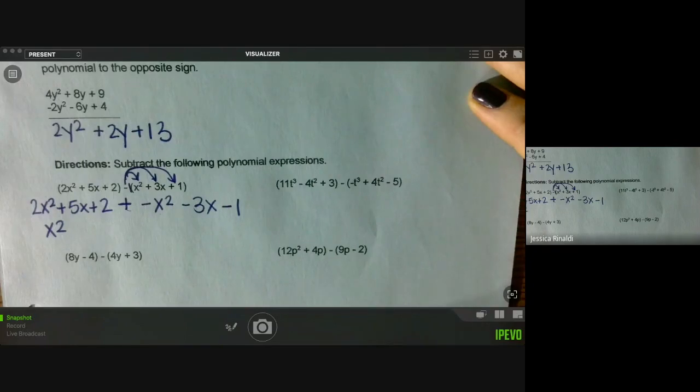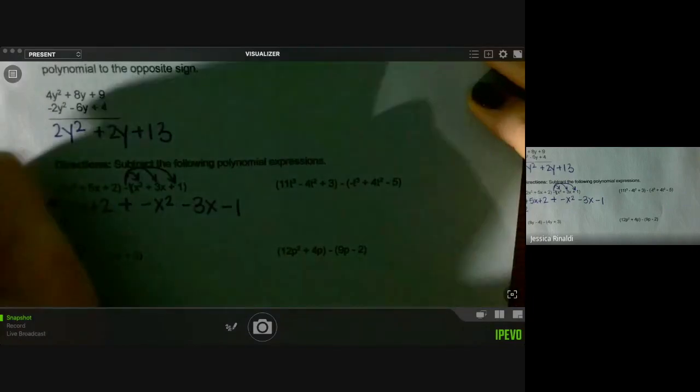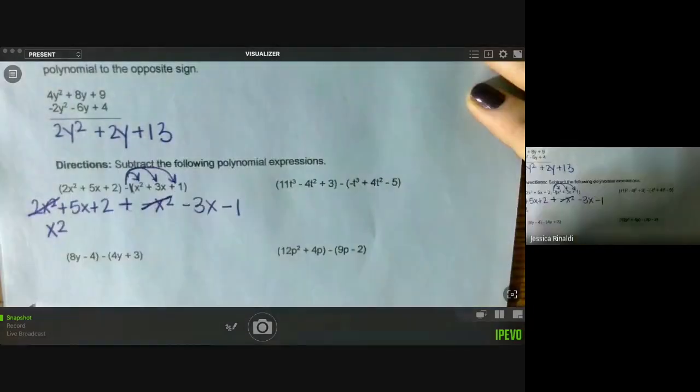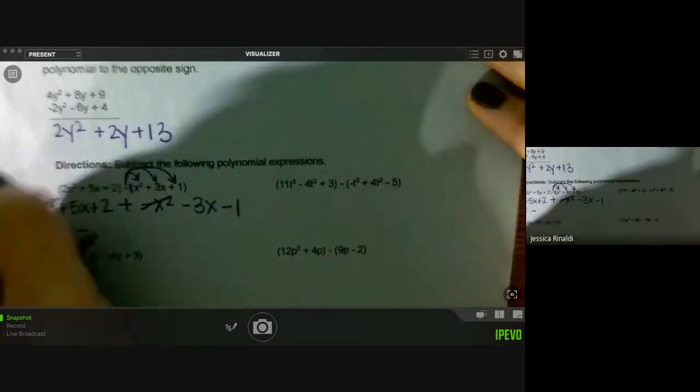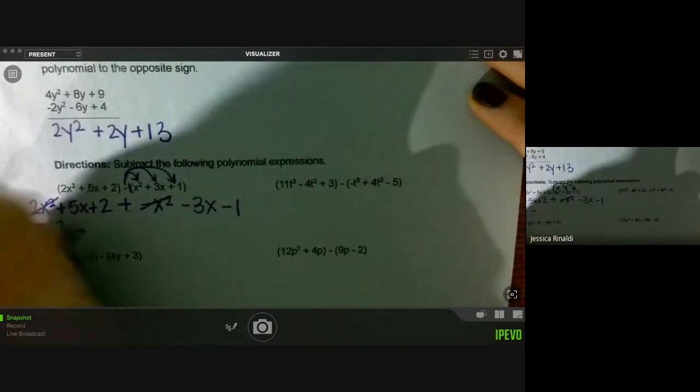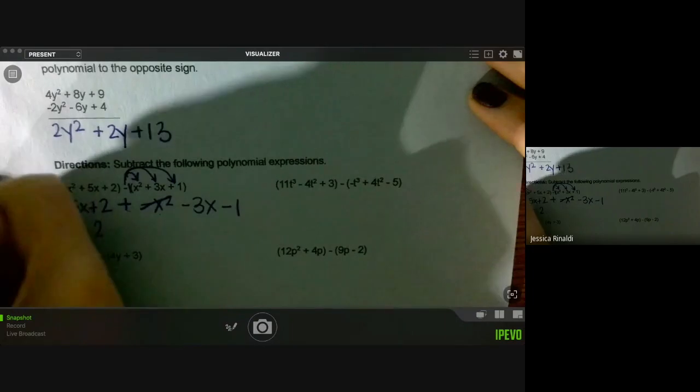It does? So we used 2x squared and we used -1x squared. Now we have 5x. Is there anything I can combine with that? Negative 3x. Good. Sarah and Maddie got that. We have the 5x minus 3x is plus 2x.